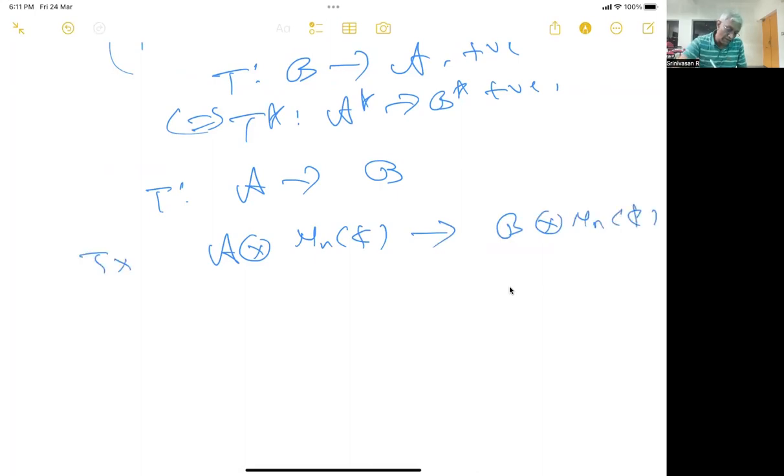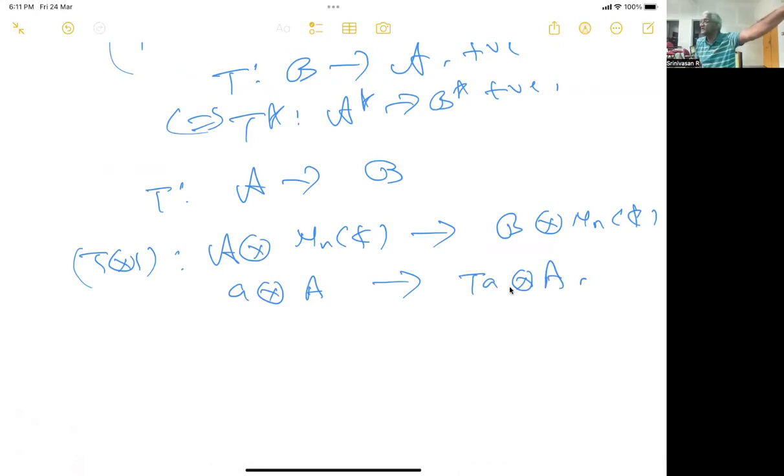Now you can write T tensor 1 from here, where any elementary element, A tensor some a, will go to T of A tensor a. But these are only generating elements. You have to take linear combinations of such things. But there is this entanglement: not everything can be written in this form, right? Because of that, things which are positive need not be positive when you consider the giant system. So you want things to be positive in the giant system also.